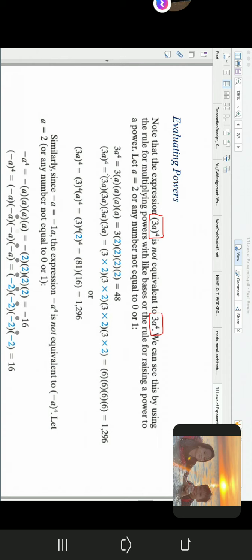When we check, we let the value of a equal to 2, or any number not equal to 0 or 1. So let's assume a is 2. We substitute a equals 2 here. So that would be 3 a to the power of 4.